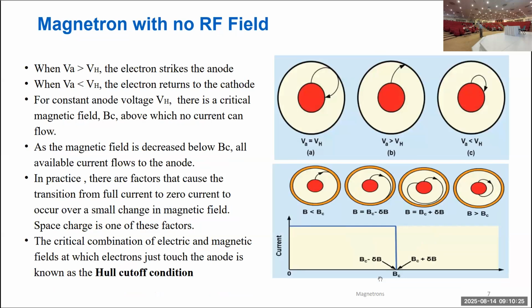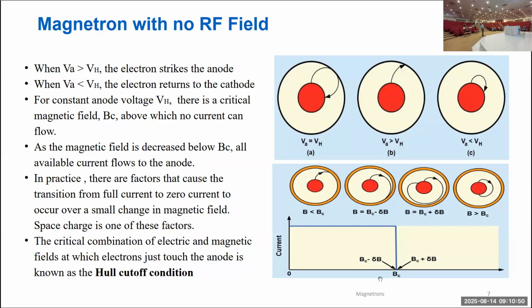Now there is a critical value of anode voltage, which is called VH. If the anode voltage is higher than that critical value, the electron strikes back. If it is less than that critical value, the electron strikes the anode.